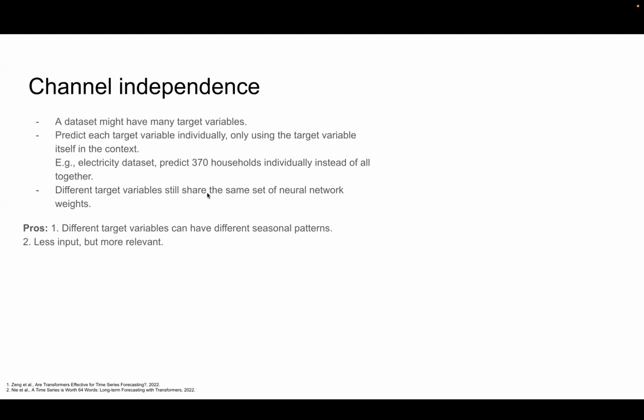So having this separation of the target variables, only inputting the same target variable in the context range, will allow us to make the input less noisy. So the model can just focus on the relevant parts instead of also having to look at all the noisy parts as well.